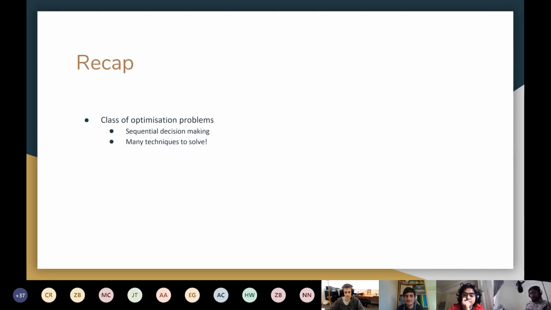So to recap the important points: reinforcement learning is a class of optimization problem about how to solve sequential decision-making problems, with a lot of different ways of solving things. The key is that it receives information that tells it how good an action was, rather than information about what actions it should take, or what strategies it should follow.